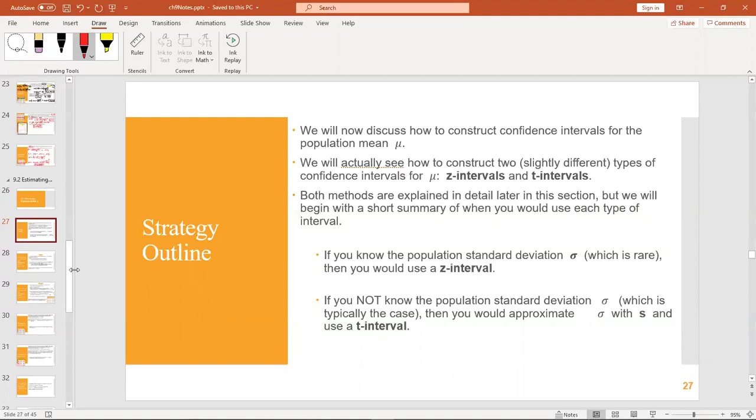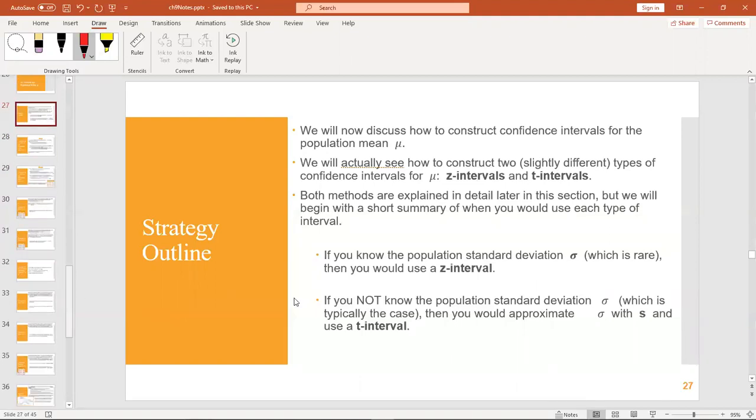So we're going to look at both of those in detail, but the difference basically boils down to, do you know sigma? If so, it's a Z interval. If you do not know sigma, then you make a T interval.